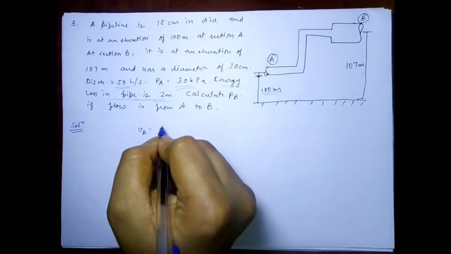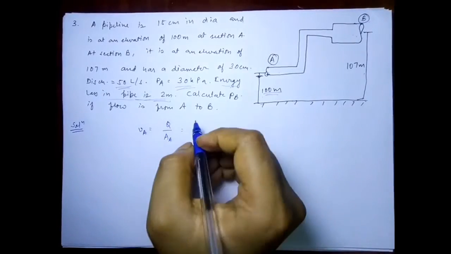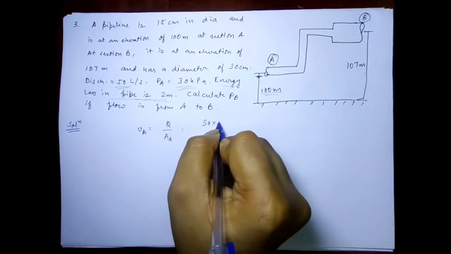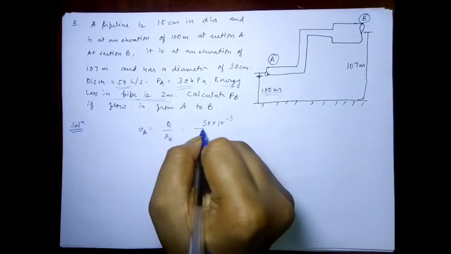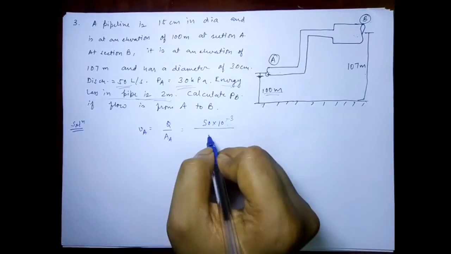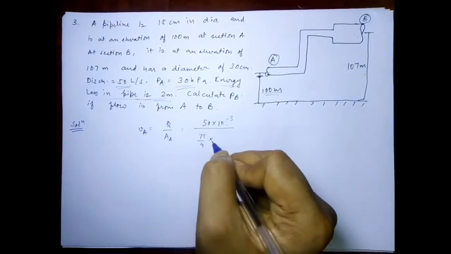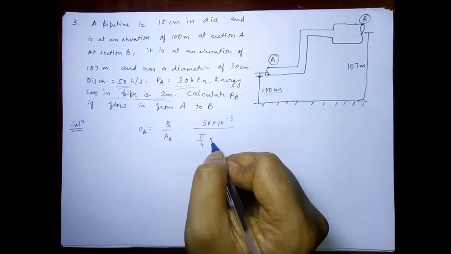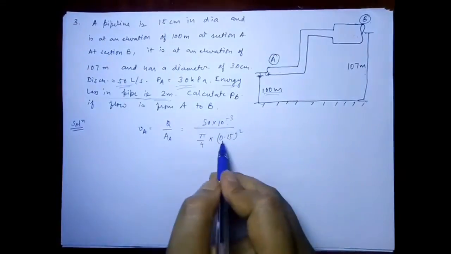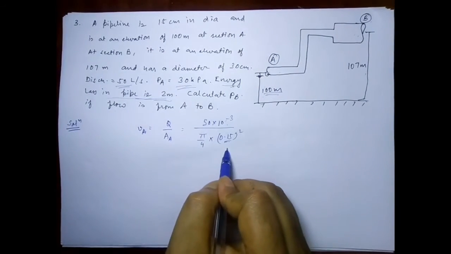That is V1 or VA, the velocity at A, is equal to Q upon area at A. So the Q is 50 times 10 to the power minus 3, because it is in liters per second, I am converting it into meter cube per second, and area at A is pi by 4 times 0.15 square, because it is in centimeter, I am representing it in meter, so 15 centimeter becomes 0.15 meter.